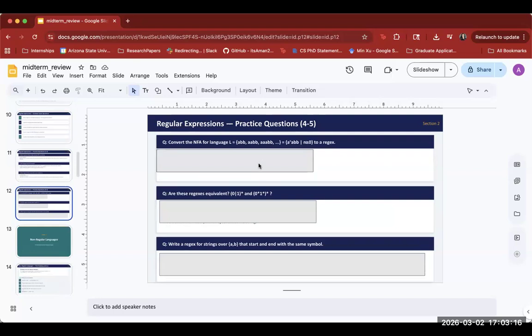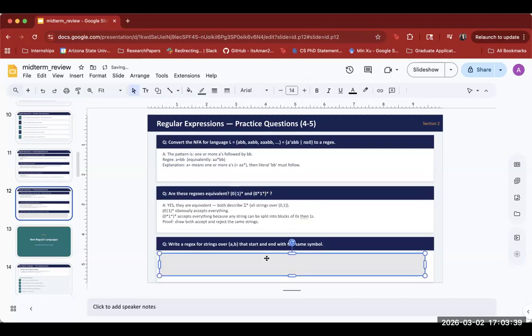And then converting the NFA for language L given as ABB, which would just mean 1 or more A's followed by a double B. So the regex would be A plus BB or equivalently AA Kleene star and then B and B.